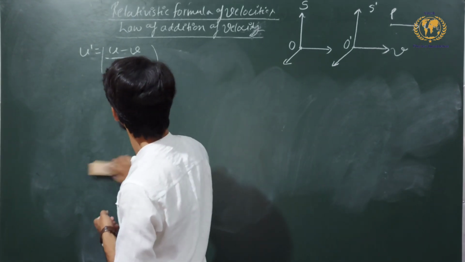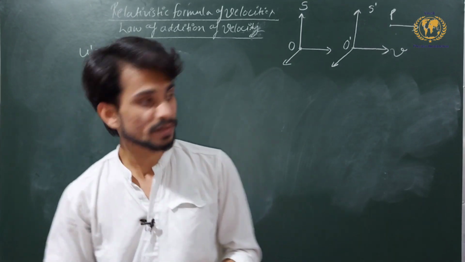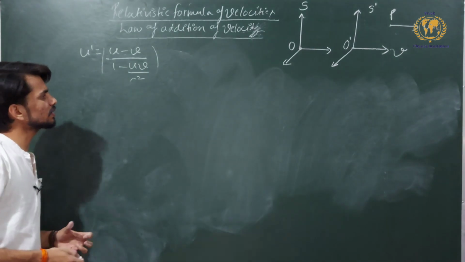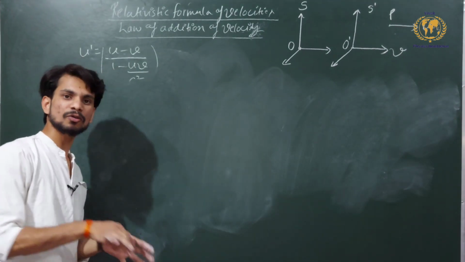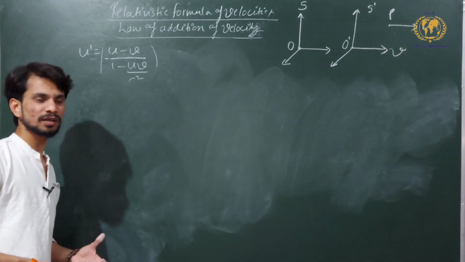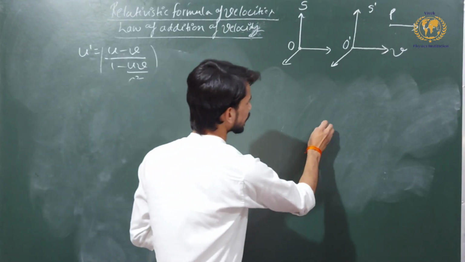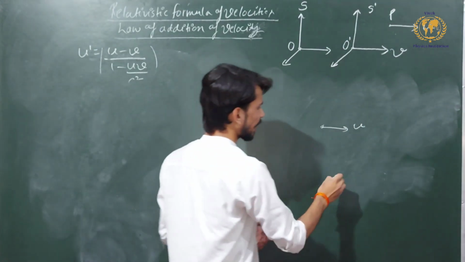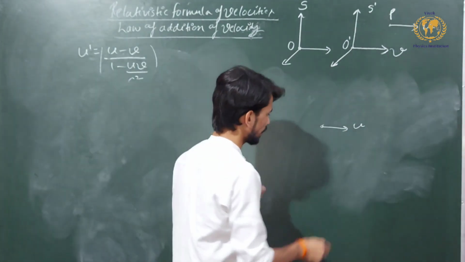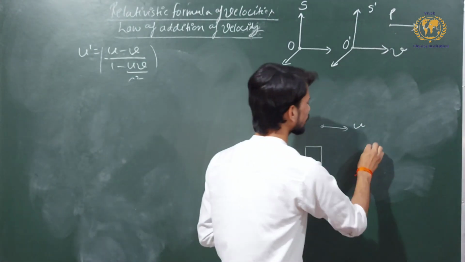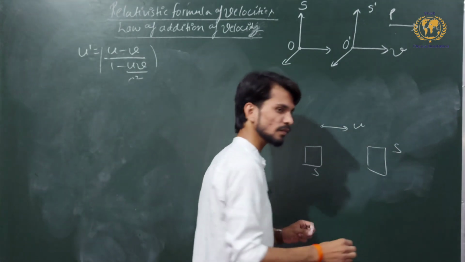Again, we can compare this one complete formula with the relative velocity of the particle according to the simple theory of relativity. In the simple theory of relativity, if this same particle P moves with velocity u, and there are two frames of reference again, one frame of reference is S and another is S dash.